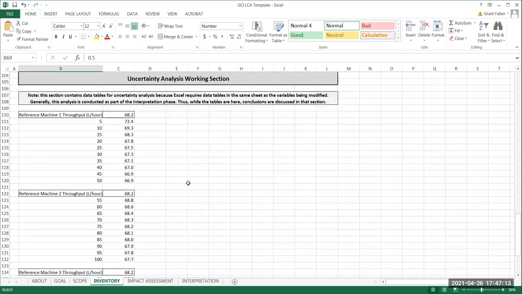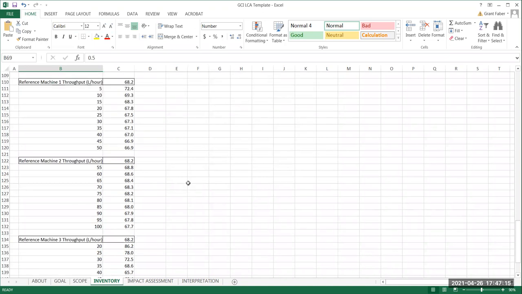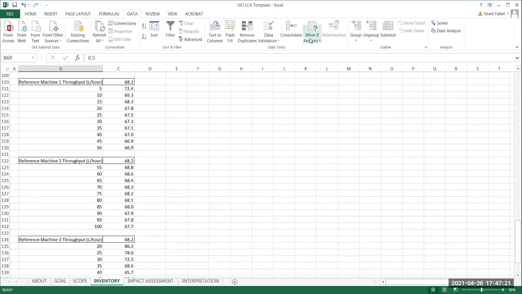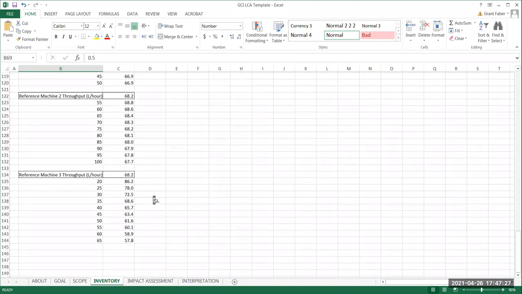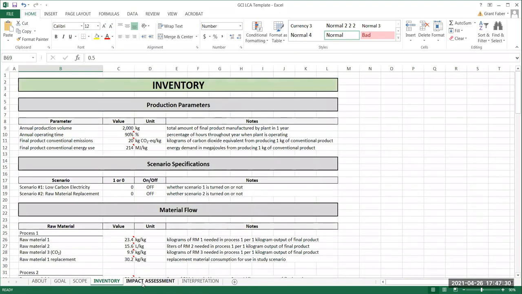In this generic default model, we're just using the Excel data table functionality, which is located in Data, What-If Analysis, and Data Table, which you can read more about online, but there are other ways to perform those analyses.